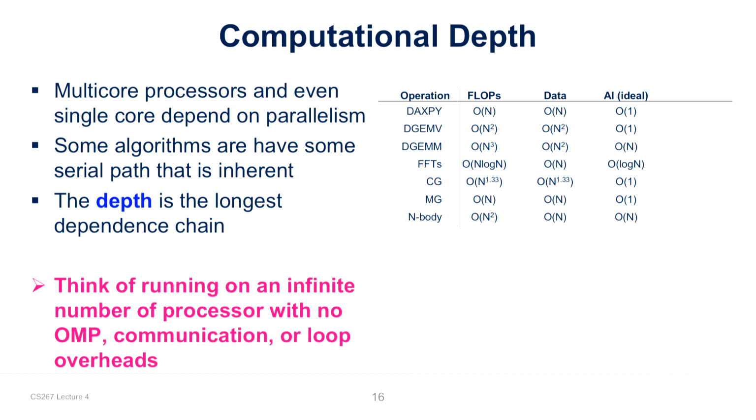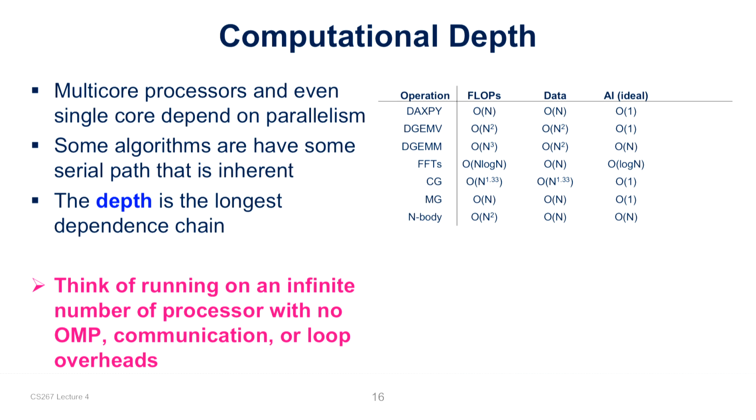We talked about Amdahl's law, so the serial part of the code. But in general, what you'll see is that the running time on a parallel machine is going to be limited by the depth of that computation, meaning the longest sequential path through that code. One way of thinking about this is, imagine that I had an infinite number of processors, and imagine that the cost of memory is 0, and I'm just doing the computation.